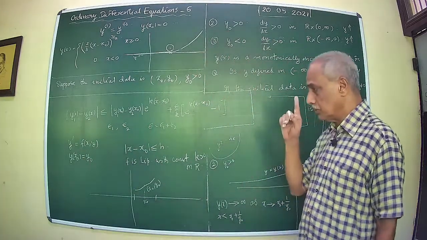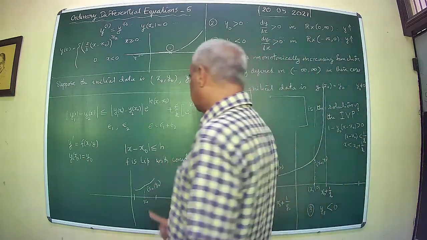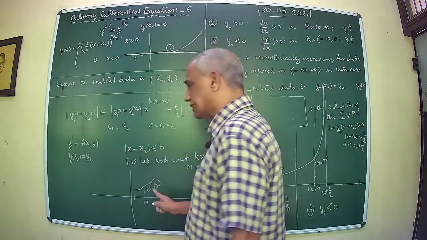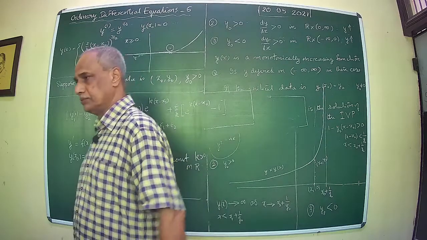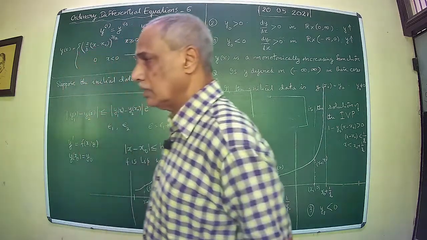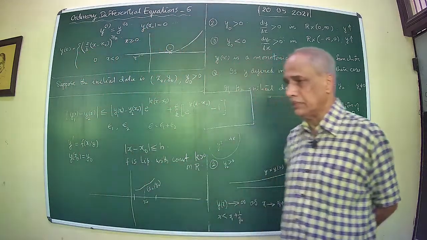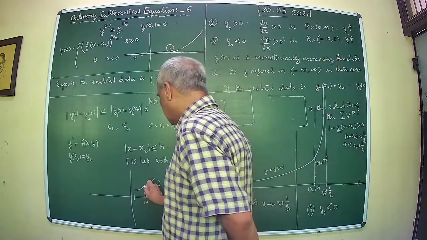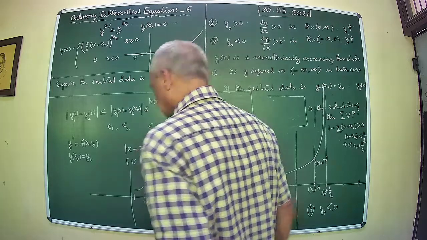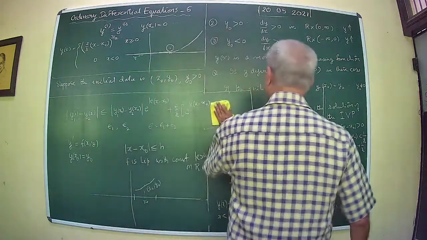Although what we can do is just construct an approximation to this particular solution. That is using the Cauchy-Euler method. You can start from this point, draw a line, so it goes like this. Just recall what it is.